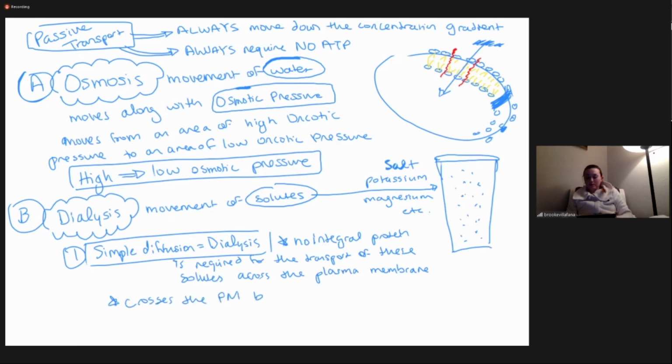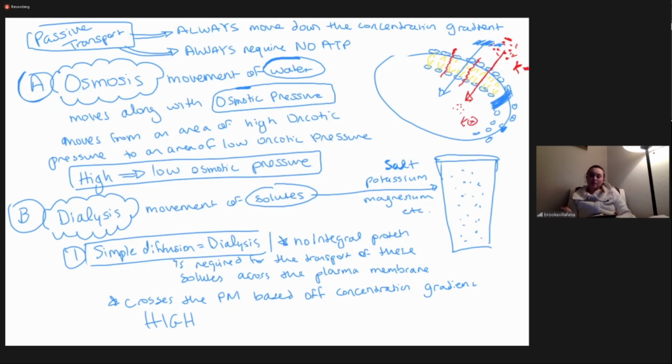based off concentration gradient. So what that means is if we have a high concentration outside the cell, so let's say this is potassium molecules and we have so much potassium out here and there's only a few inside, we're going to move from the area of high to low concentration of potassium.